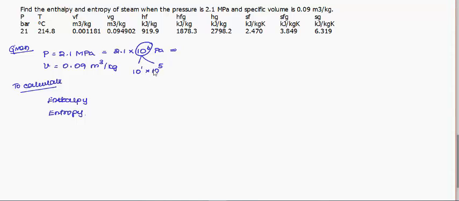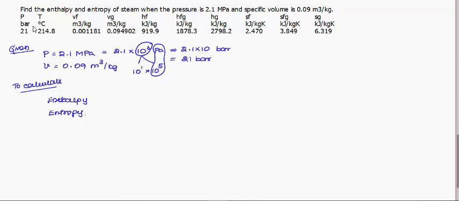We know 10 power 5 pascal equals 1 bar. So the remaining term is 2.1 into 10 bar, which means 21 bar. So the properties are given for 21 bar.